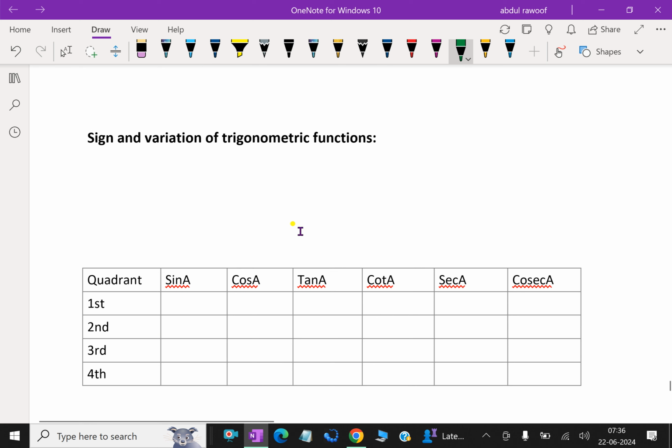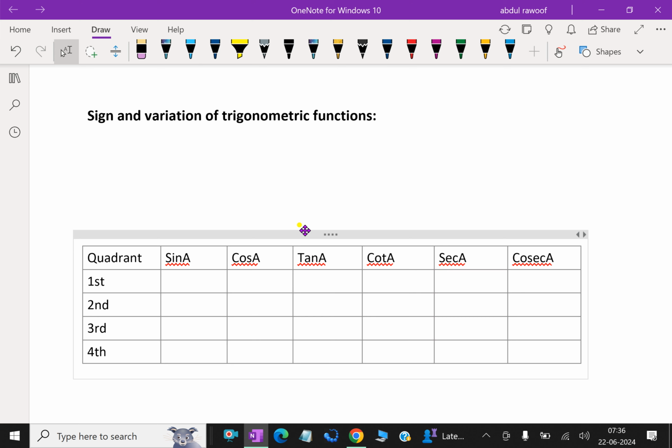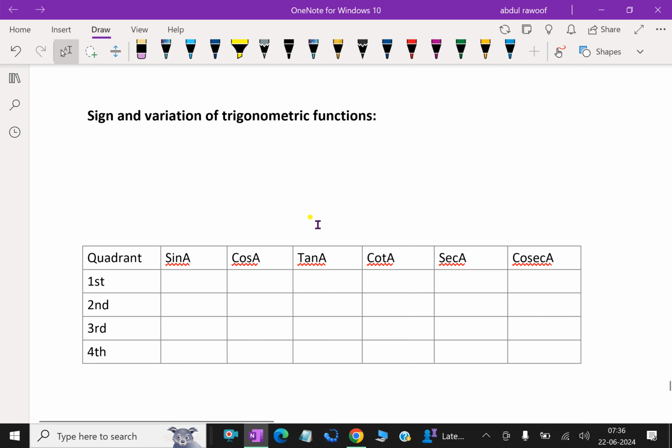Next, the sign and variation of trigonometric functions. The trigonometric functions have different sign variations in different quadrants. Look at this. In the first quadrant, all are positive.